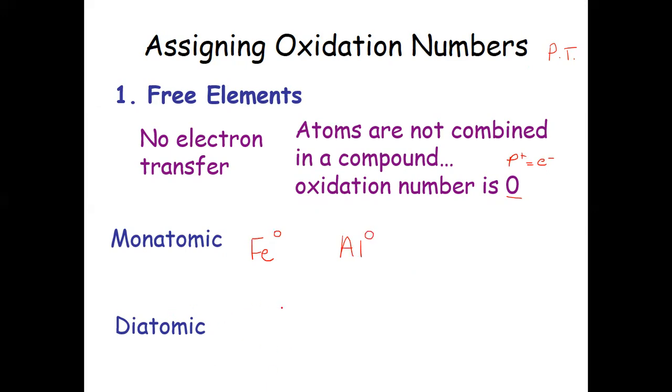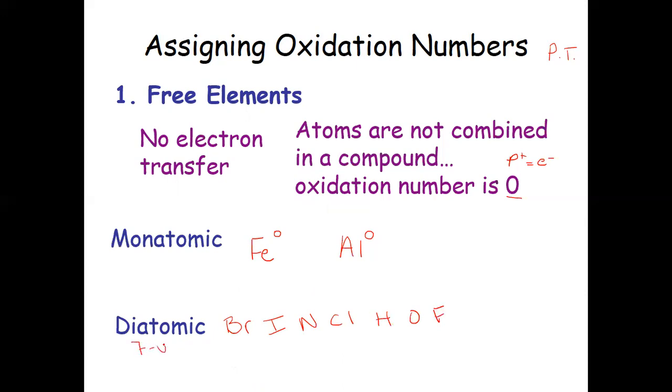Now we have our diatomic, right? These are the elements that exist bonded together, 2 of the same element bonded together, still an element, not a compound. I like to call these our Brinkelhoff, or sometimes Hoff-Brinkel, or 7-Up.